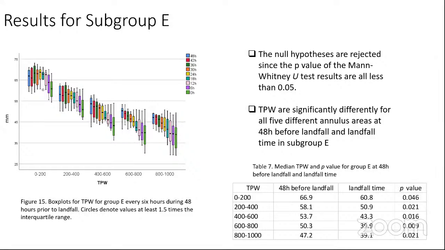However, we should notice that this decreasing trend is not linear, especially for the 0 to 200 kilometer region and the 200 to 400 annulus region, which means there are some cases that experience a moisture increase during this process. But finally, when making landfall, the moisture decreases.